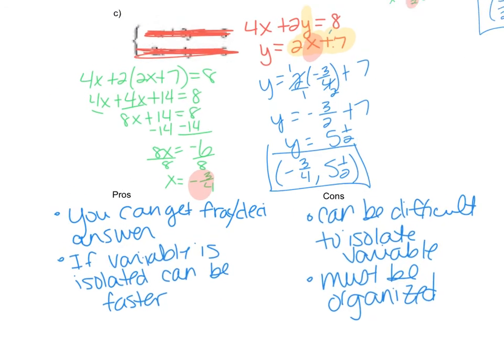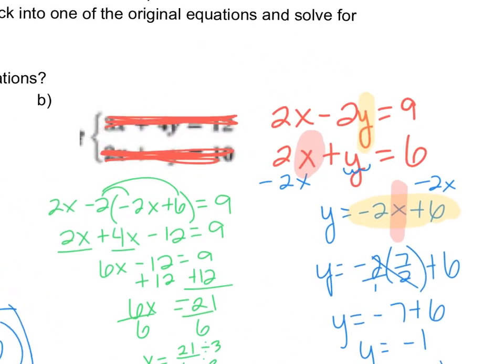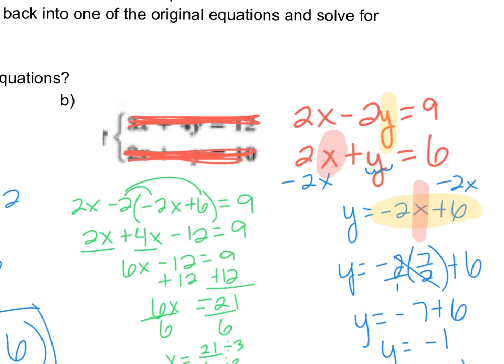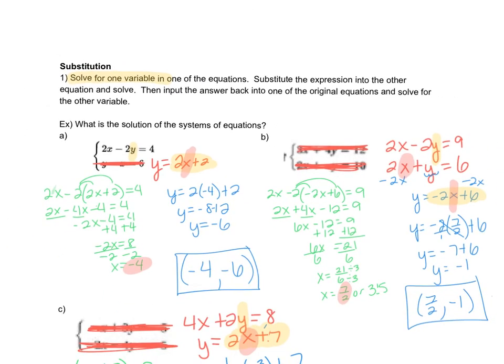Other ones, like if I were solving these up here, like this one right here, I would have tried to do elimination, the last one. You just kind of have to know what the problem is and which is the fastest. If the directions in the homework or the test say to solve it a certain way, of course solve it that way, but if it doesn't tell you, do whichever way your brain sees as the fastest and easiest way for you.